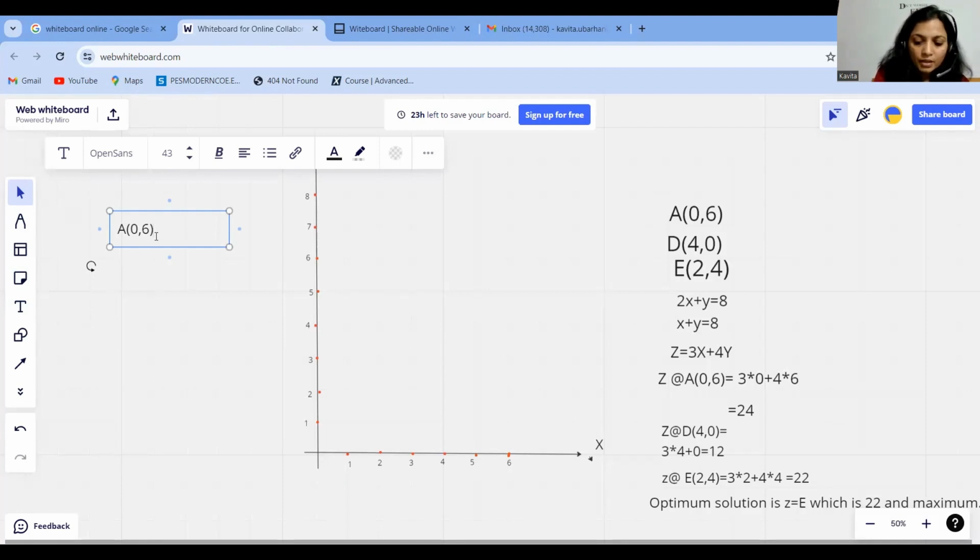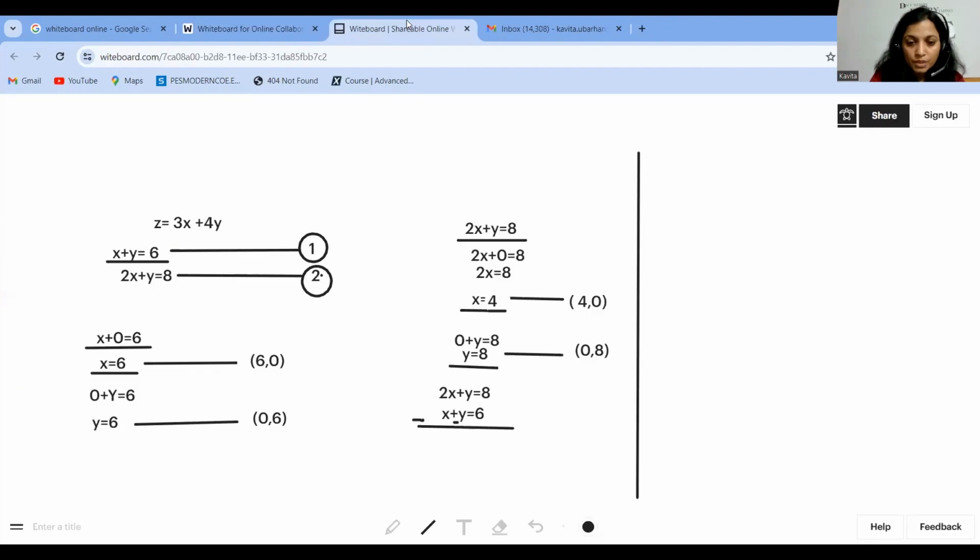Point A is 6, 0. Point B is 0, 6. Okay, point C, that means for equation number 2, 4, 0, and next one is 0, 8.